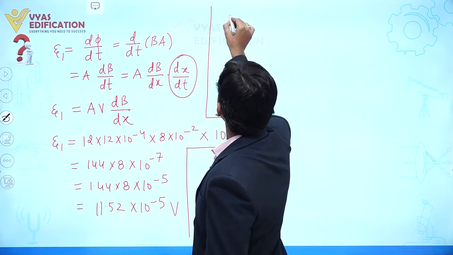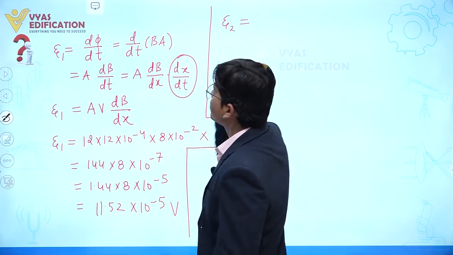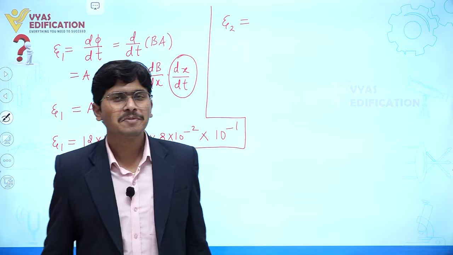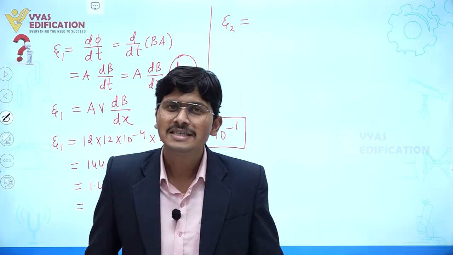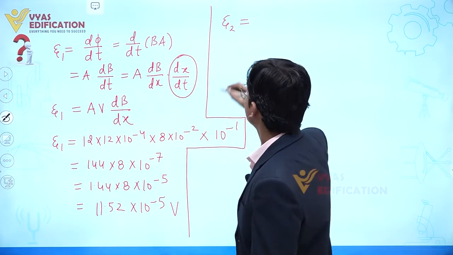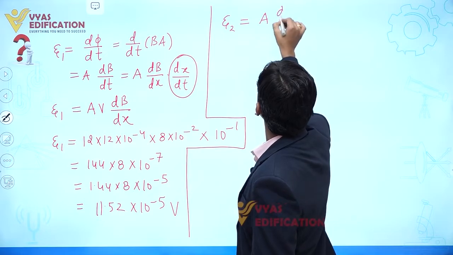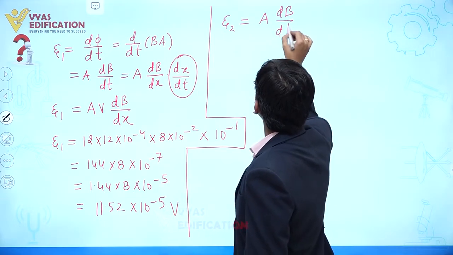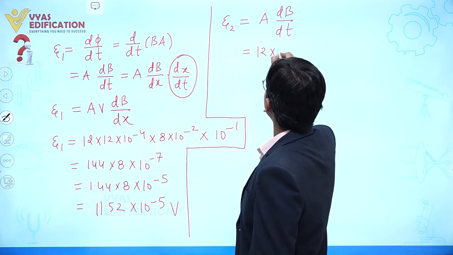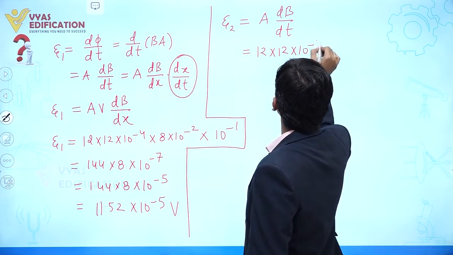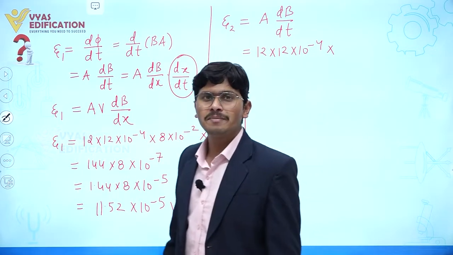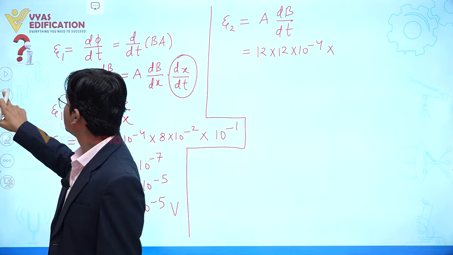Now we can also write the induced EMF due to change in magnetic field with time. This is equal to A times dB by dt. Area is given to you, 12 into 12 into 10 to the power minus 4 multiplied. What about dB by dt?